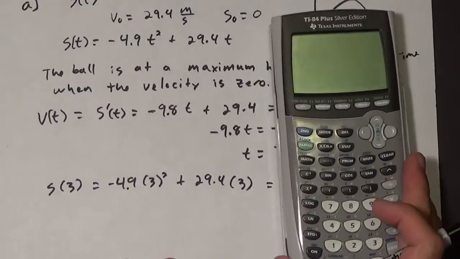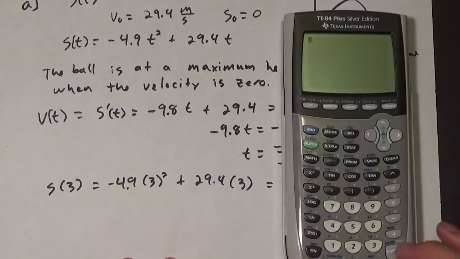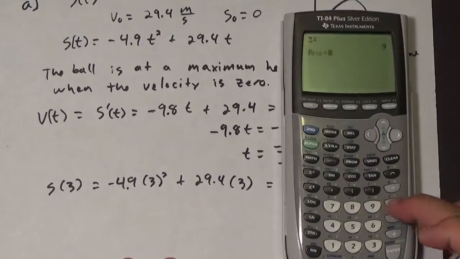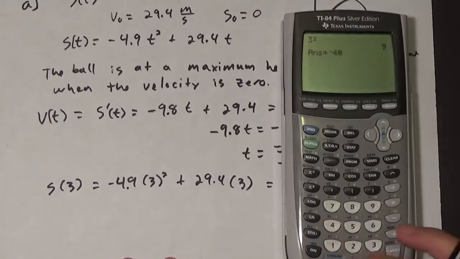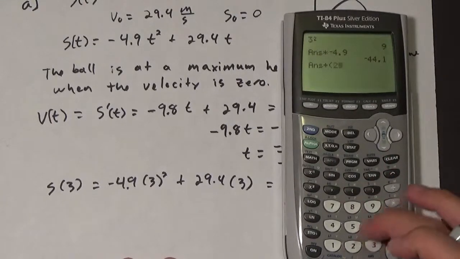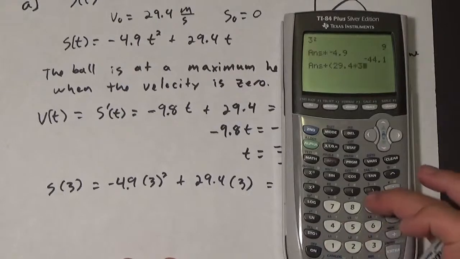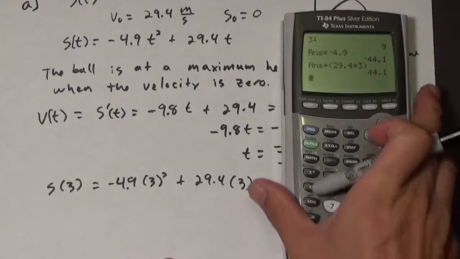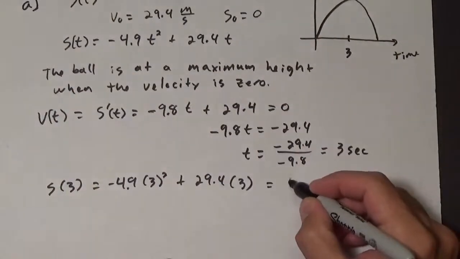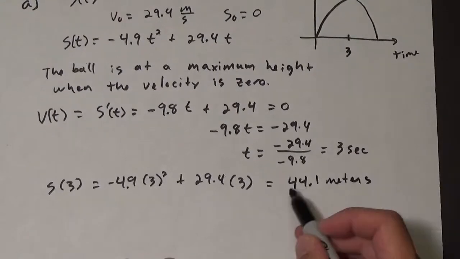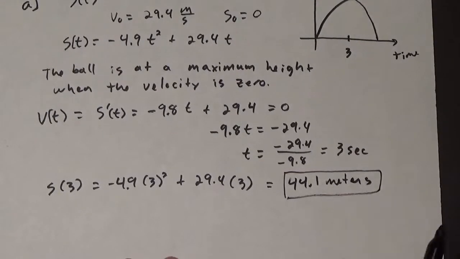We're going to have 3 squared times negative 4.9, and then we're going to add on to that 29.4 times 3. And that gives us 44.1 meters. And so there's the answer to part A.